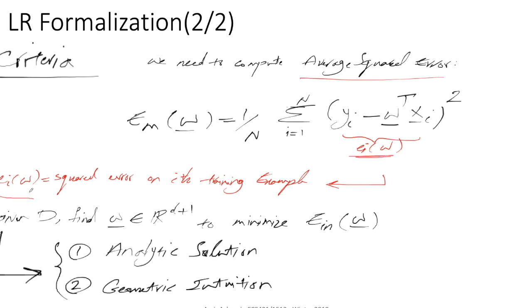There are two broad categories of optimization for that. The first one is the analytic solution, where normally we use gradients to do that.